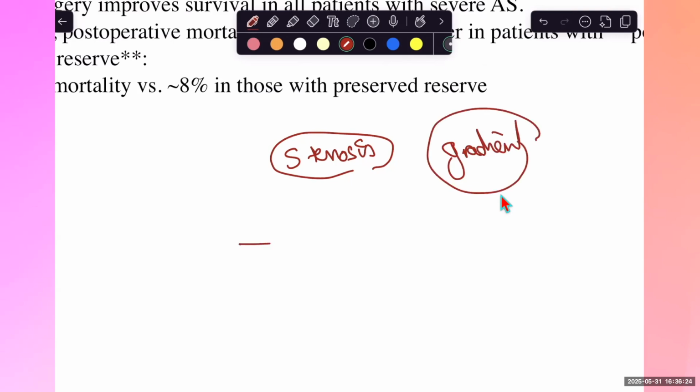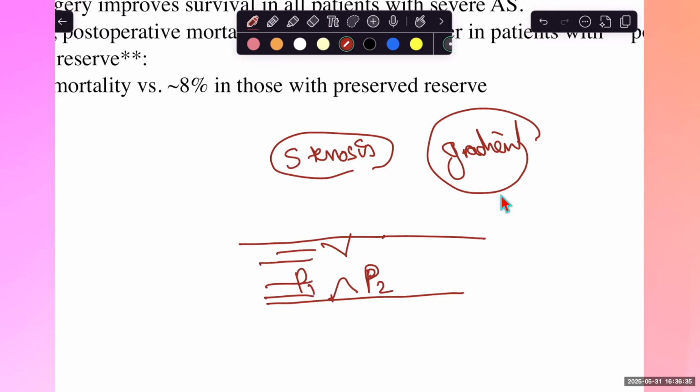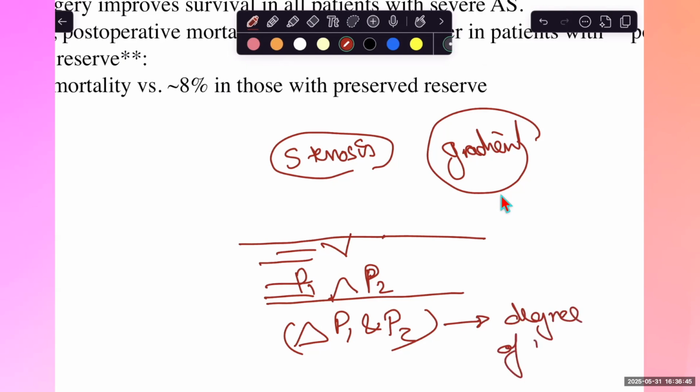For example, the gradient in the aorta, B1 and B2: the difference between B1 and B2 is what tells you about the degree of stenosis.